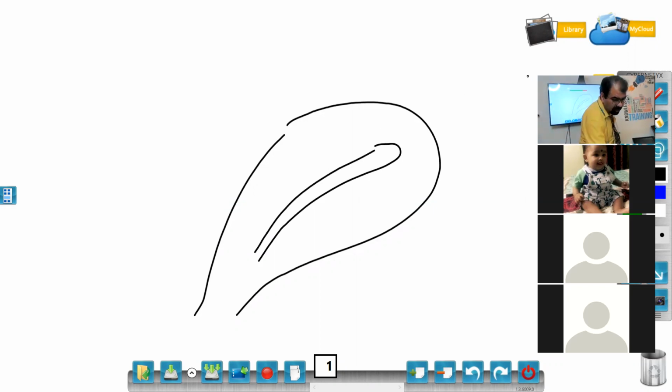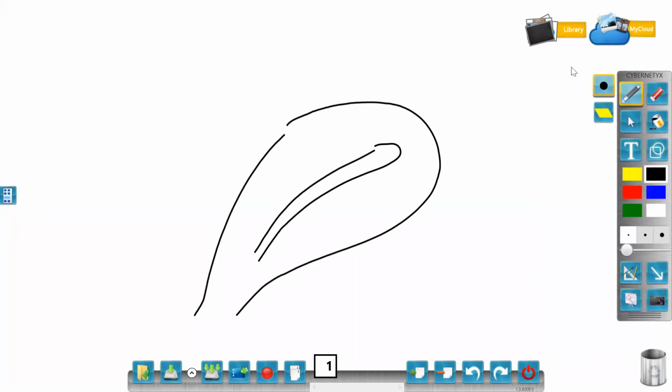Then you have to put color onto this, and if it takes color, then it cannot be a blood clot. It has to be a retained product of conception.